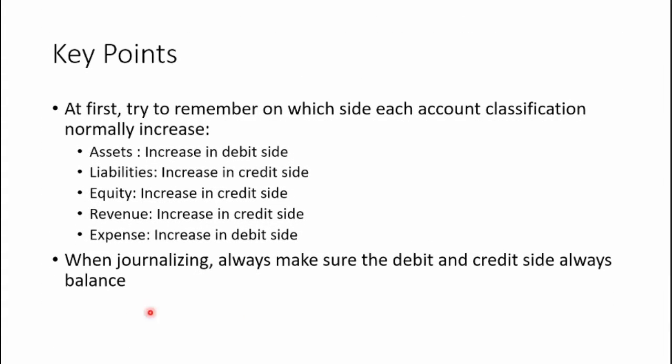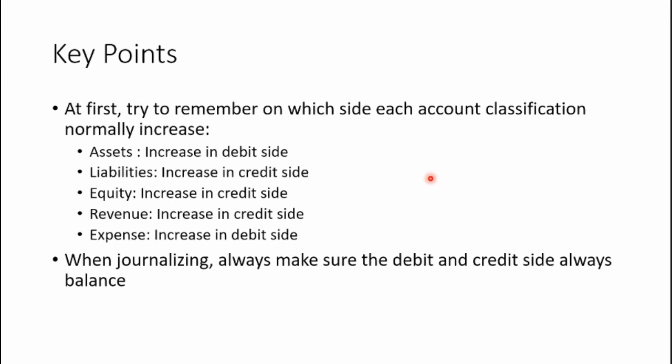So, to summarize, two key points that you should keep in mind. Always try to remember on which side an account classification normally increases or decreases. My first tip, if you just started learning accounting, is to remember on which side they normally increase, because the decrease side you will also remember naturally.